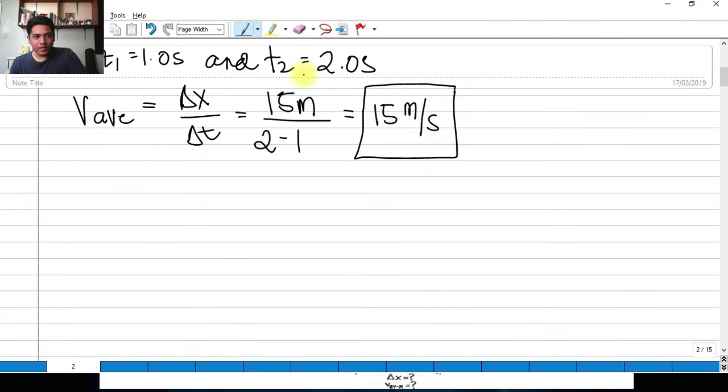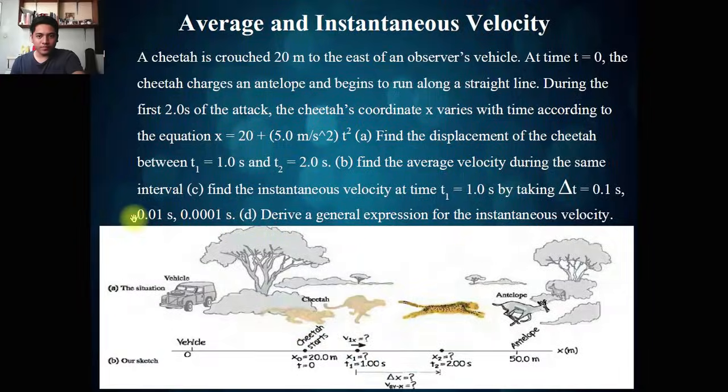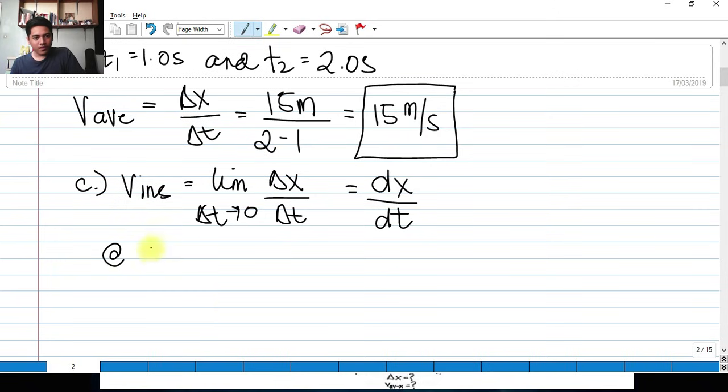The instantaneous velocity is defined as v instantaneous, the limit of delta x over delta t as delta t approaches 0, or simply dx over dt, the derivative of x with respect to t. So we are asked to find the instantaneous velocity at an interval delta t of 0.1 seconds.